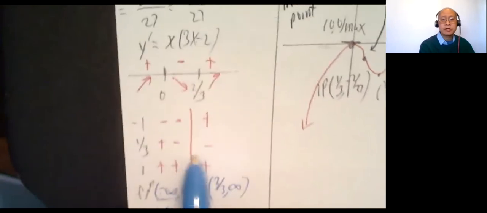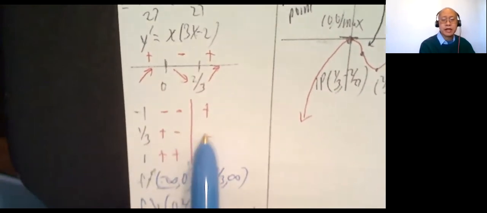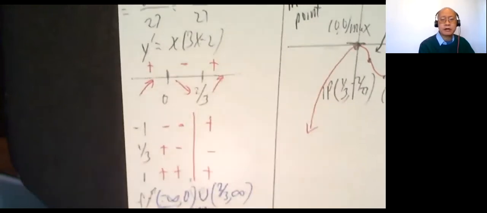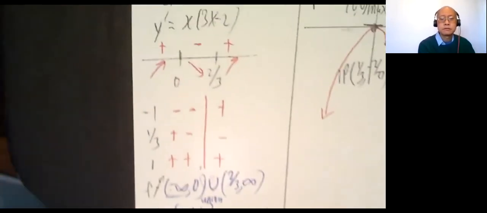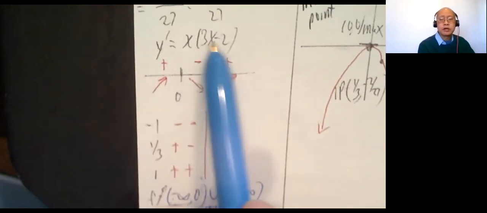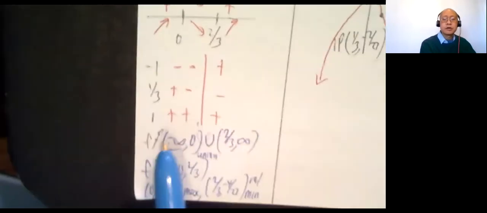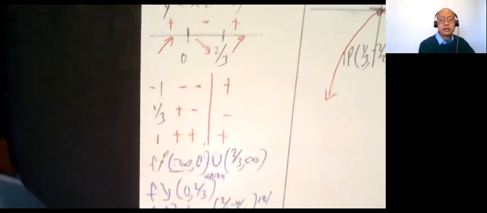And then 1 minus 2 is a negative. So I'm going to have a positive times a negative. That's a negative. So a minus sign right here. And then I plug in 1. 1 is positive. 3 times 1 is 3. 3 minus 2, positive. Positive times positive, positive.